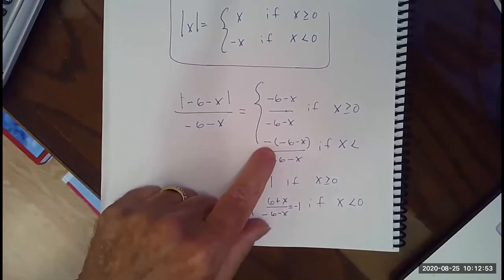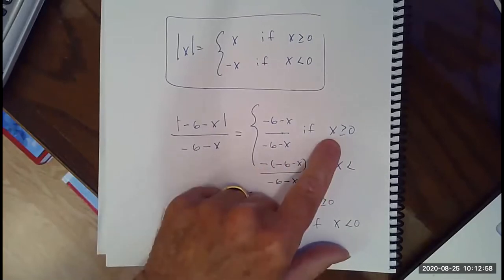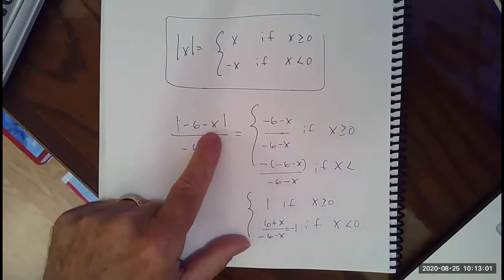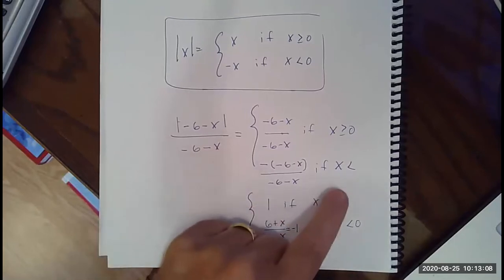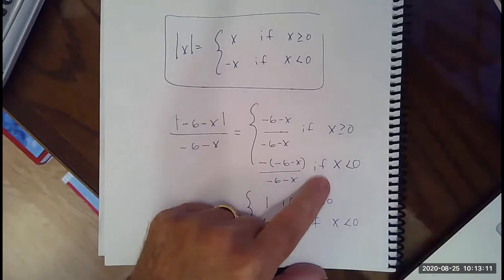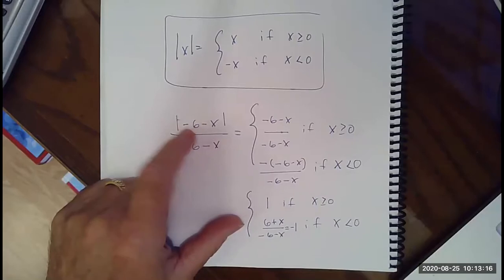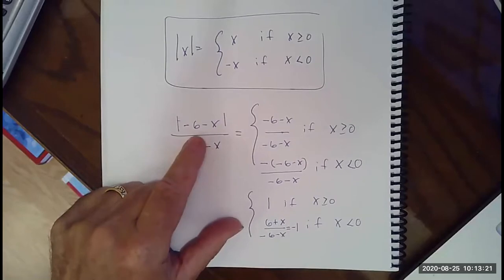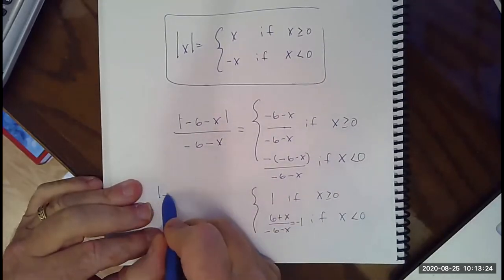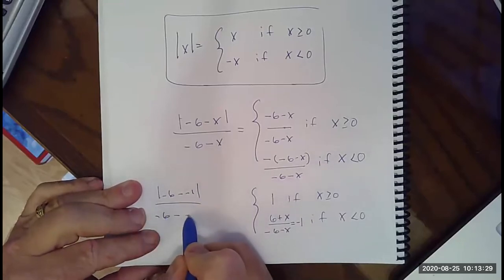Yeah, the key thing is the definition of the absolute value of x. And if you want to test it, you can pick something like 5. So put a 5 in here. That's negative 11 over negative 11, and it's 1. Okay. Pick something that is negative, like negative 1. Negative 6 minus negative 1 over negative 6 minus negative 1.